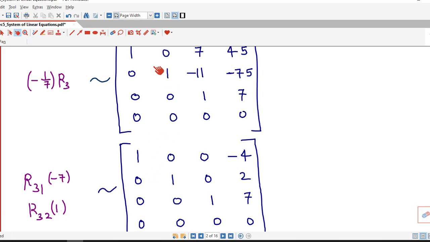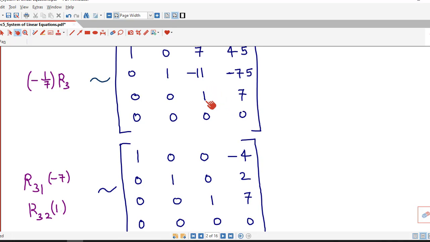So now last row and third row remain as they are, and here we are multiplying with 11 and adding in second row. So these two are 0, therefore 0 1 as it is. 1 into 11, which is 11, minus 11, 0. 7 into 11, which is 77, minus 75, which is 2.